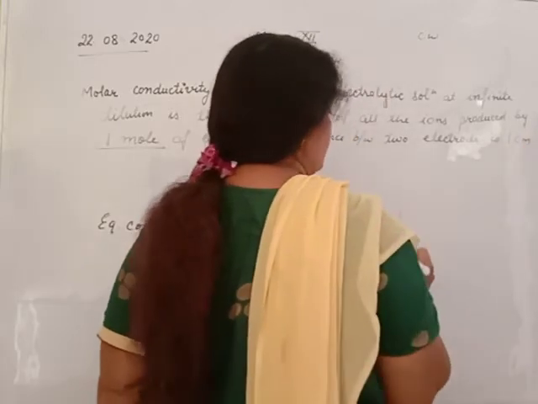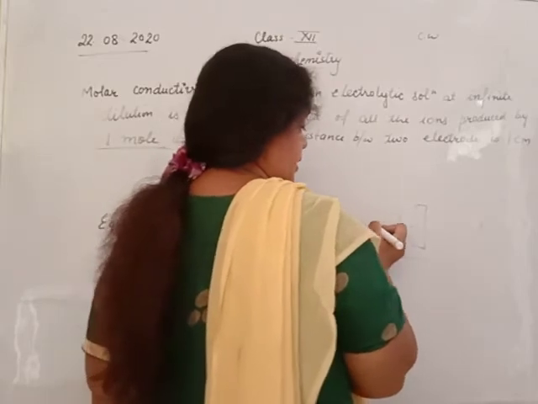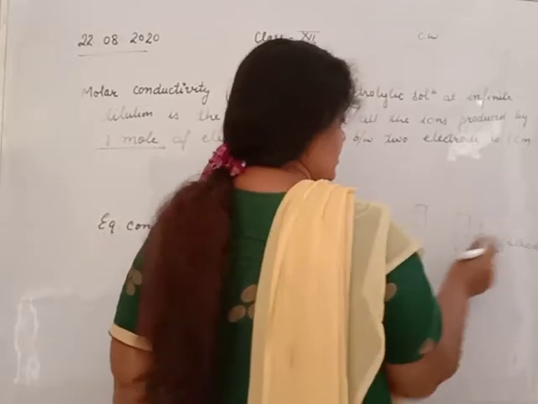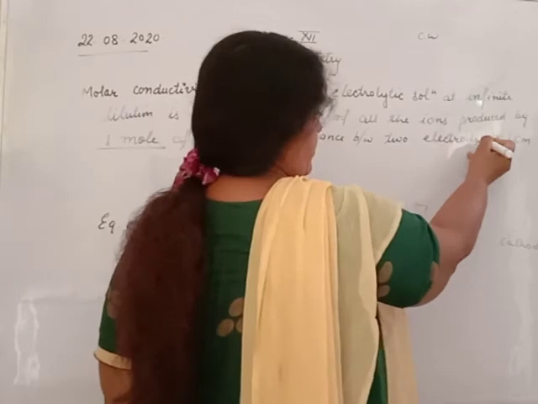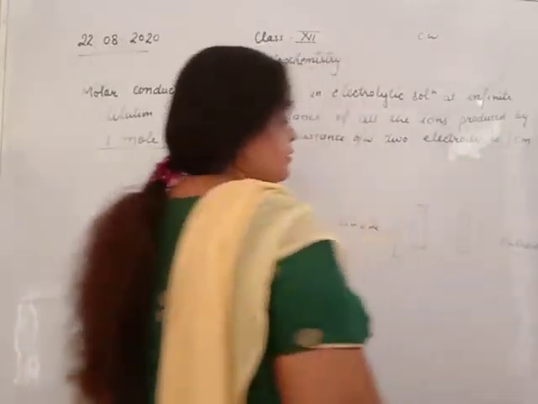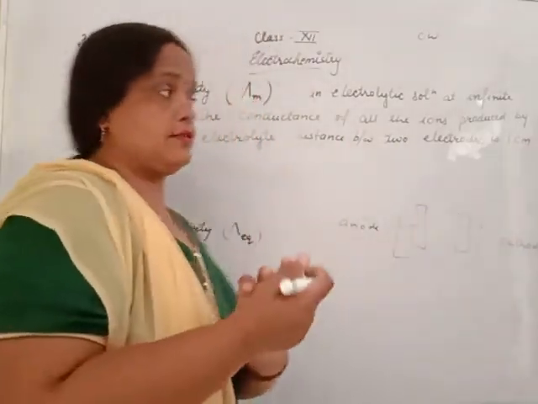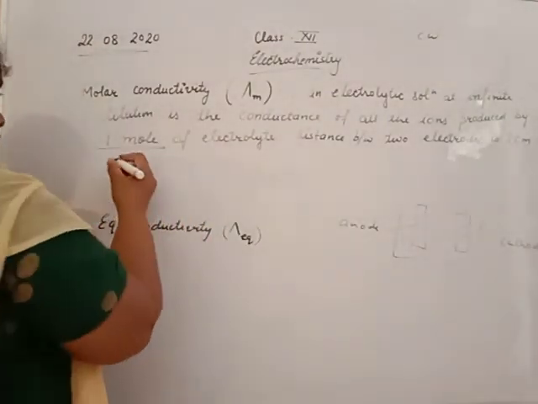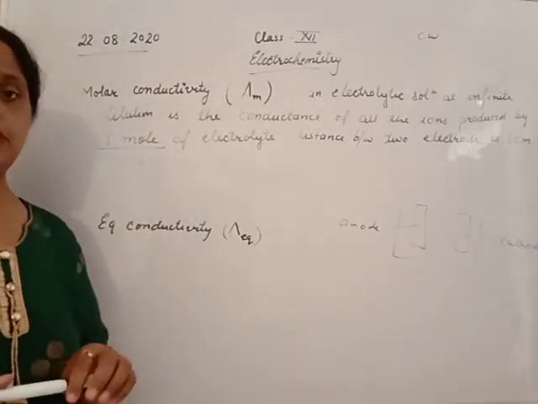Whenever you pass current through a solution, one electrode is the anode, another electrode is the cathode. These anode and cathode are the two electrodes. The distance between two electrodes is 1 centimeter, and the area of the vessel is so large that the whole solution is contained in it.